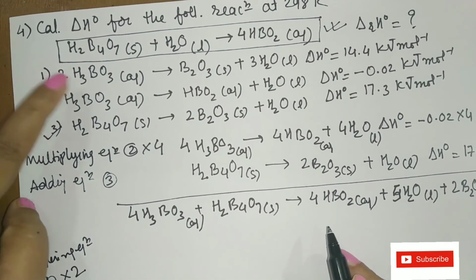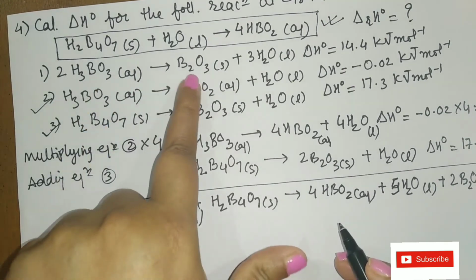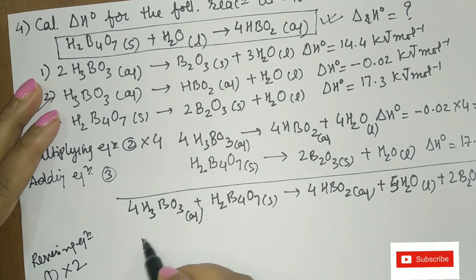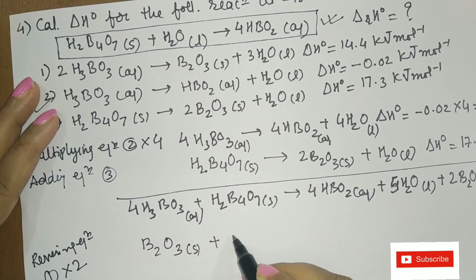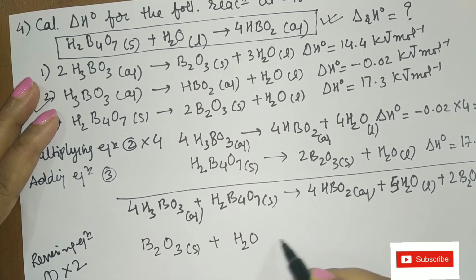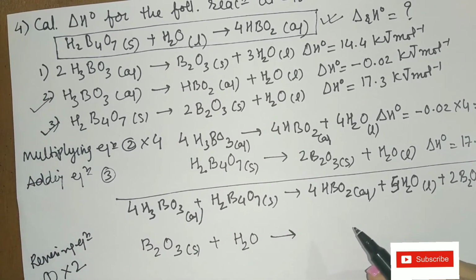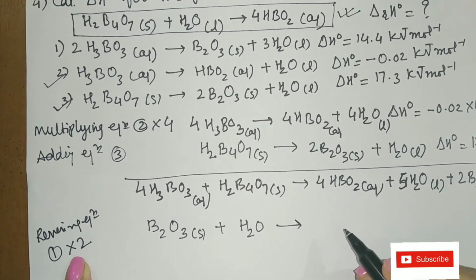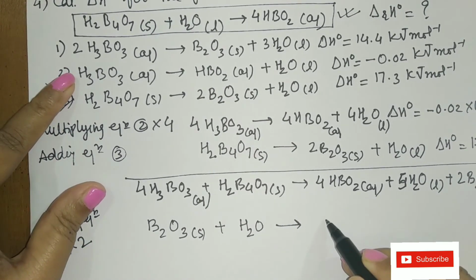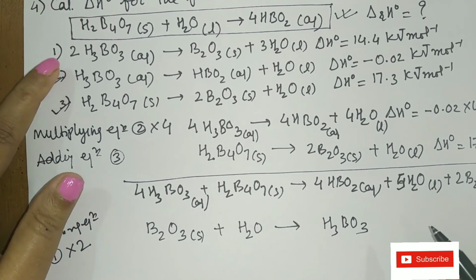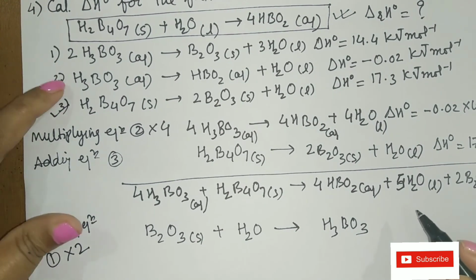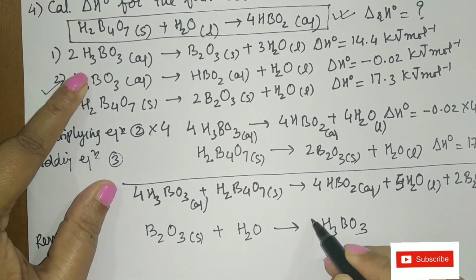So let us reverse this equation. So I will reverse this equation in this way. So it will be B2O3 solid plus H2O. I am not writing the coefficients because I am supposed to multiply that also by 2. So it will be H3BO3. As I said, we have to multiply the equation by 2. So it will become 4 here.